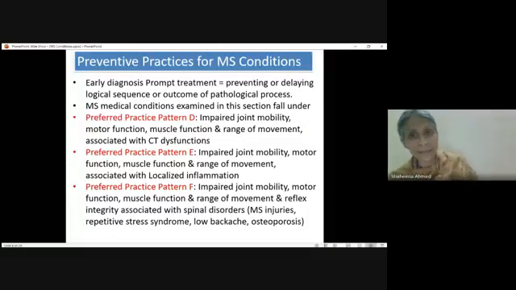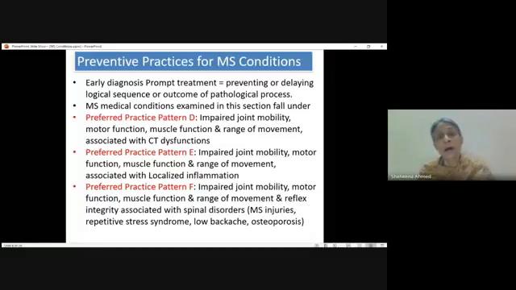Now, these were the changes that we saw in the musculoskeletal system. Now, there are a lot of musculoskeletal conditions that we have to deal with. And the key to their treatment, the key to their prevention, lies in early diagnosis.